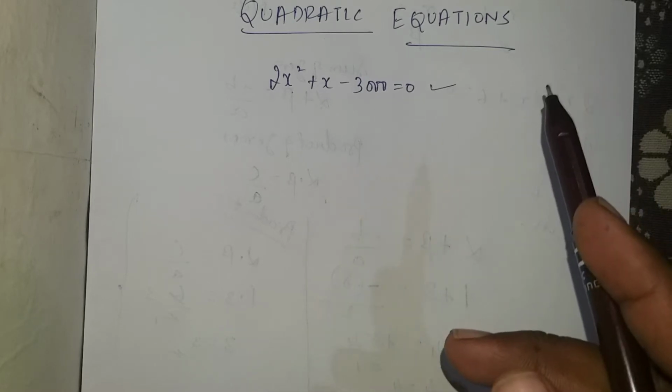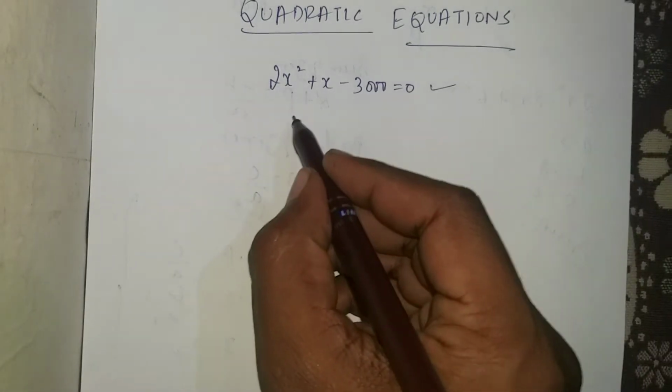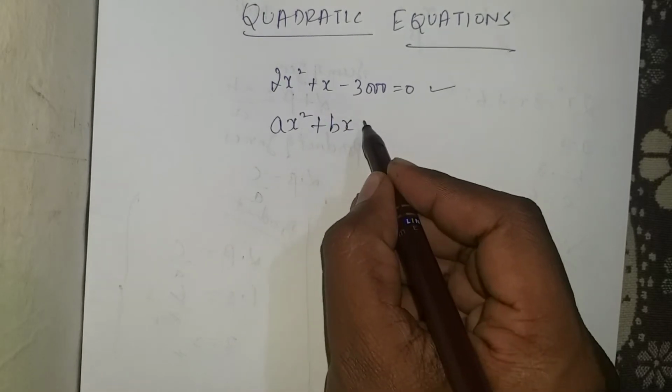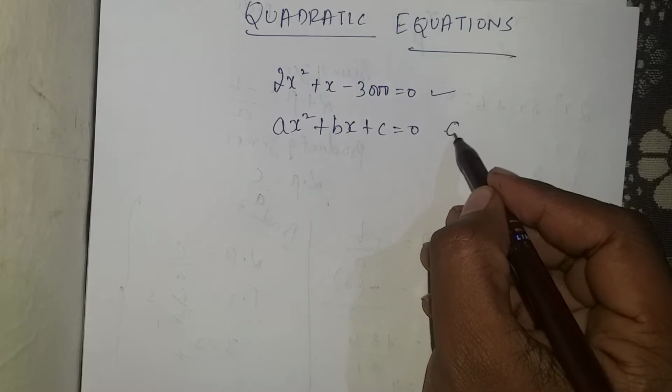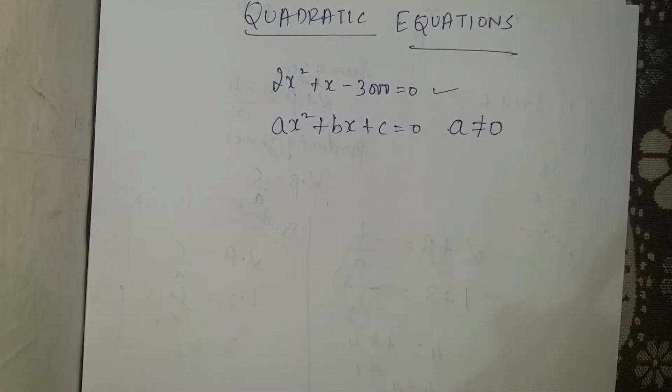There is a general formula for quadratic equations. Very important general formula: ax square plus bx plus c is equal to 0, where a should not be equal to 0. This is very important. This is the general formula for quadratic equations.